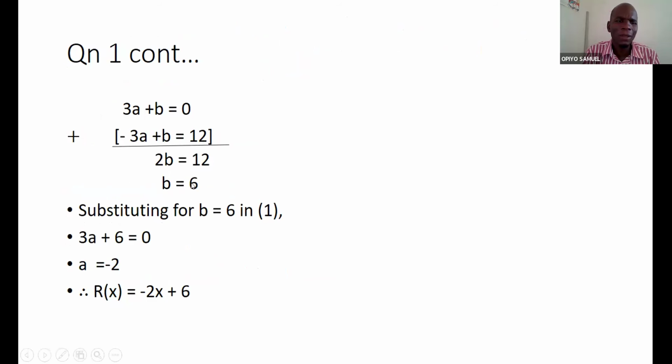Then substituting for b in equation 1 or 2, you still get the same result. We find that our a is negative 2. So we put back in the remainder function: r of x will be negative 2x plus 6. So that is for question 1.